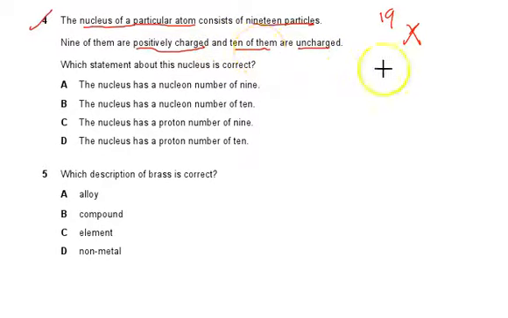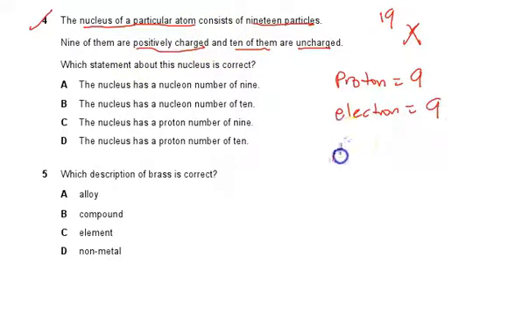So which means the proton number here is 9. Electron should be the same because they mentioned this is an atom. Okay, and neutron should be 10 of them, so here should be 9. Which statement about this nucleus is correct?